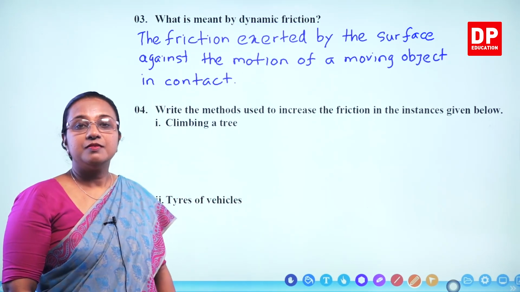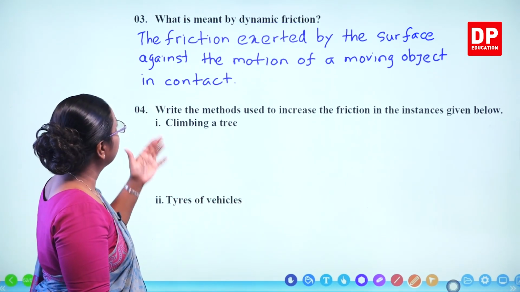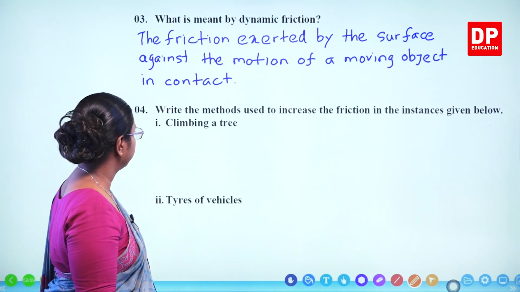So this is a very simple way of explaining dynamic friction.